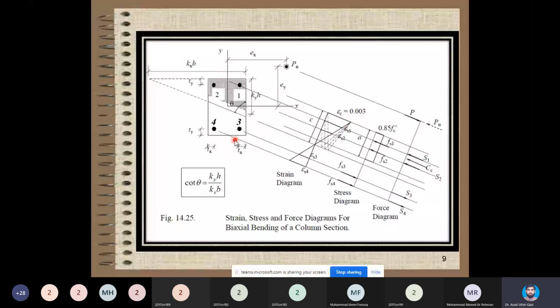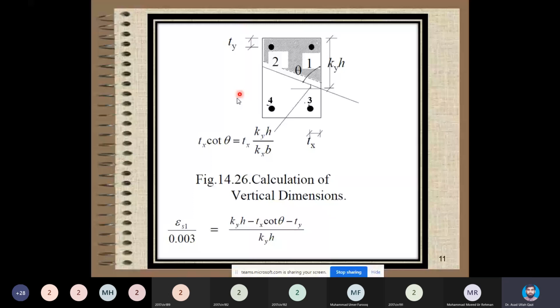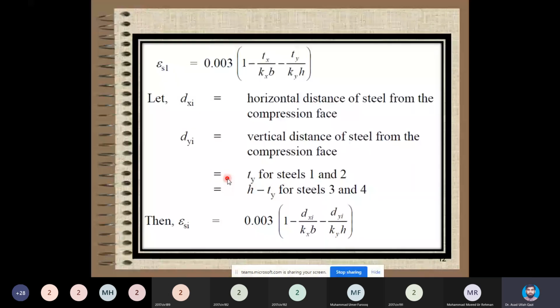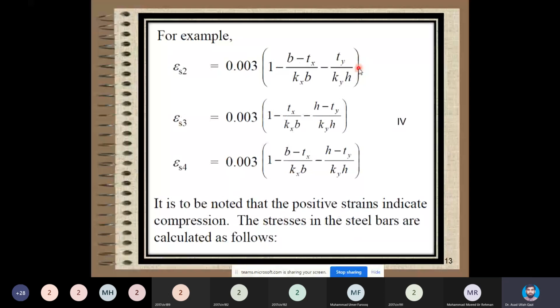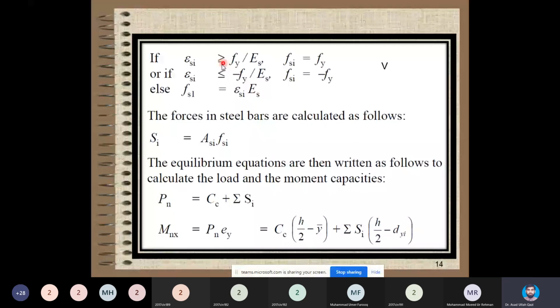You will work out in this direction the strain ordinates and then the corresponding stresses and their lever arms, and after calculating the stress and point of application bar-wise, you will finally get the solution of Pn, Mnx and Mny.